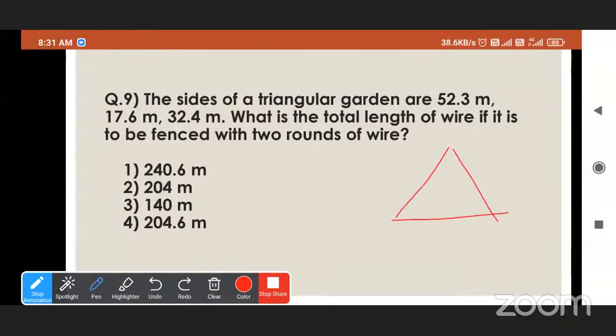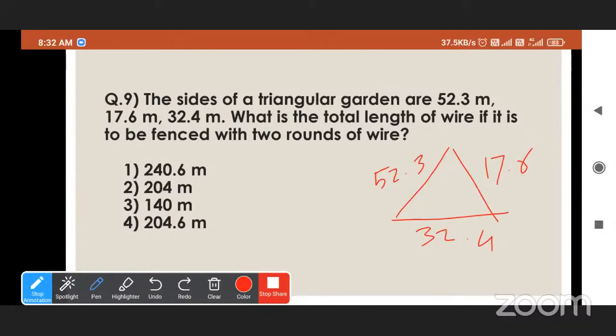See, if it is a triangular garden, so first side is 52.3 meter, this one is 17.6 meter, and third one is 32.4 meters.